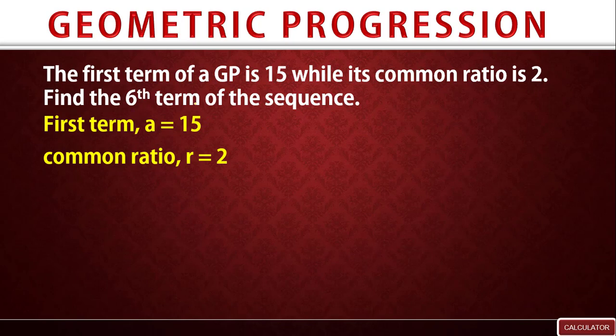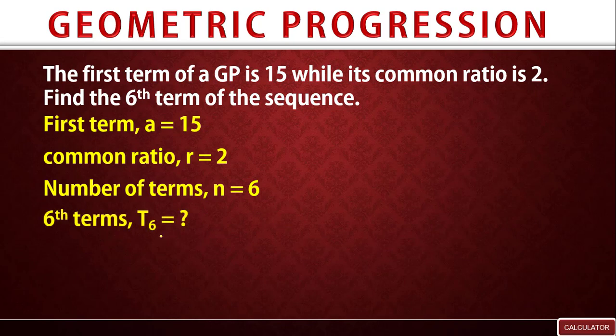We are asked to determine the sixth term. Since we have the sixth term right here, it means our number of terms n will be 6. You've gotten that? Good. You're doing a great job. So we are asked to determine the sixth term, which is the T6. Now we're going to make use of the last term formula.